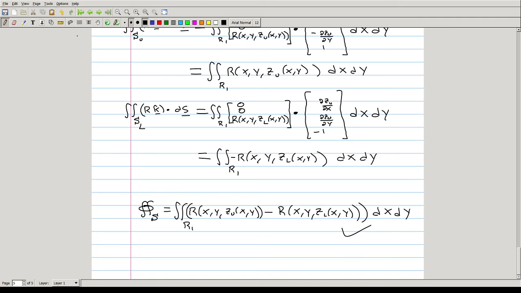Oops, let me make this a little bit... the closed surface integral of this right here.